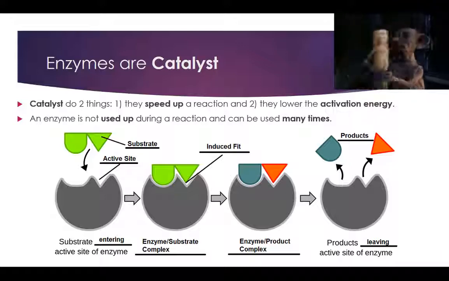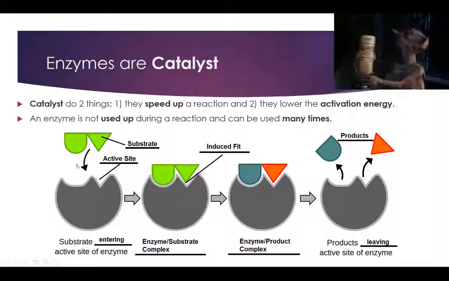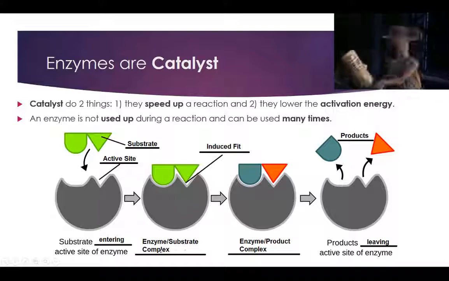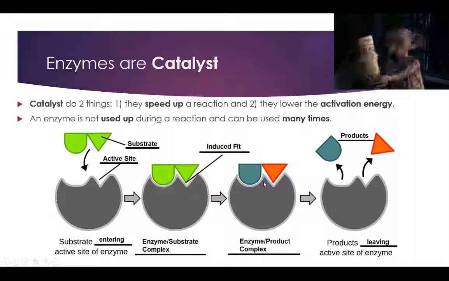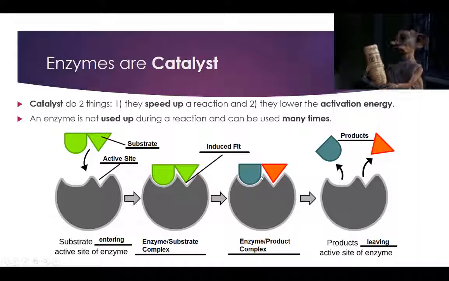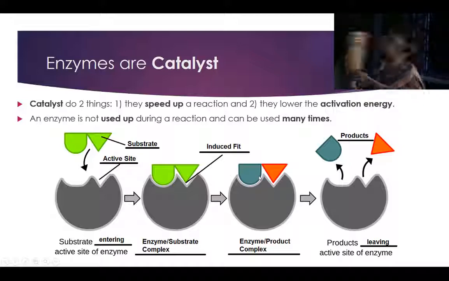So here we have a diagram of an enzyme and a substrate interacting. So here's the substrate, right? And it's going to bind to the active site of the enzyme, right? And so when it does, we call that complete piece the enzyme substrate complex. But as soon as it goes through its induced fit, and it gets all nice and snug on there, it's going to start taking the substrate and changing it into the products.